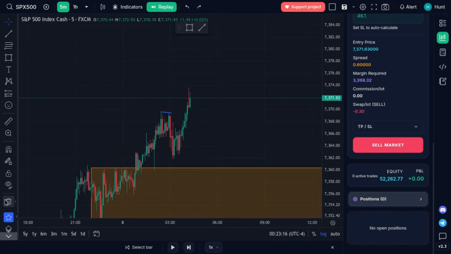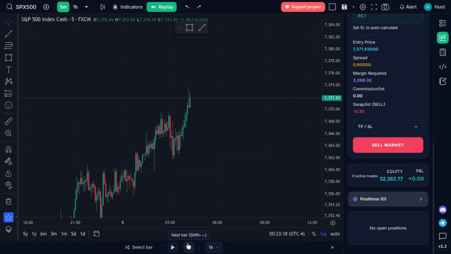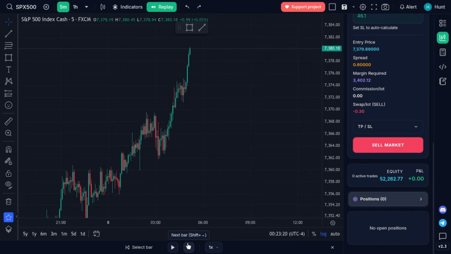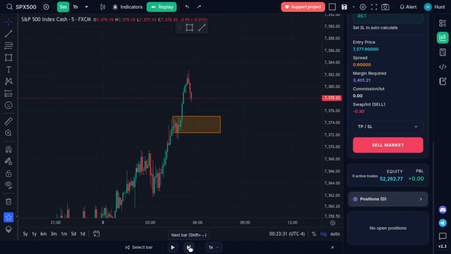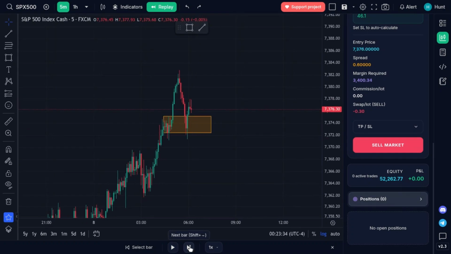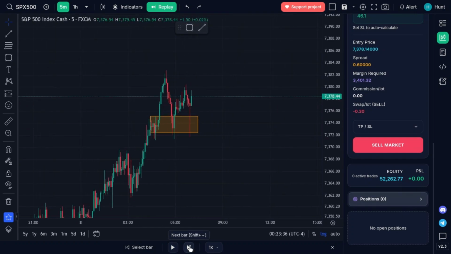So we are still bullish. I believe we have one more trade, so we're just waiting for price to do its thing. We'll keep in mind this order block right here, because that's always a possibility. However, I don't see any engineered liquidity.